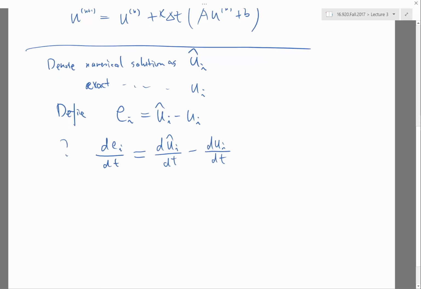So what is du i hat dt? The matrix one, exactly. It's kappa times u i plus 1 hat minus u i hat, plus u i minus 1 hat minus u i hat, right? That's basically our numerical scheme. Minus, but what is du i dt? How does the analytical solution evolve as a function of time?